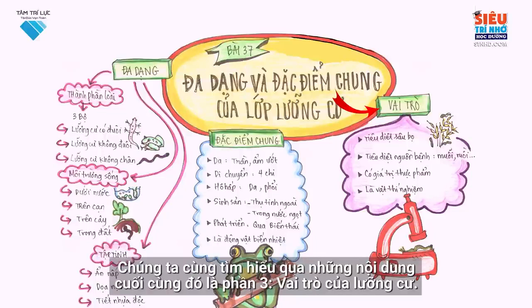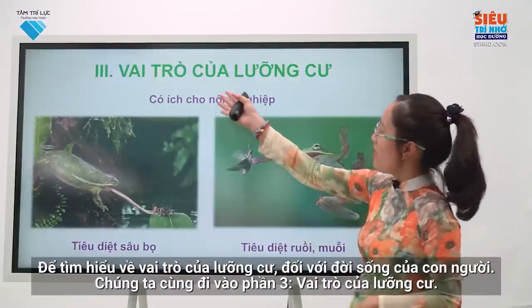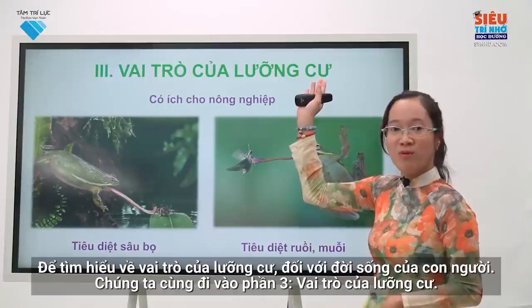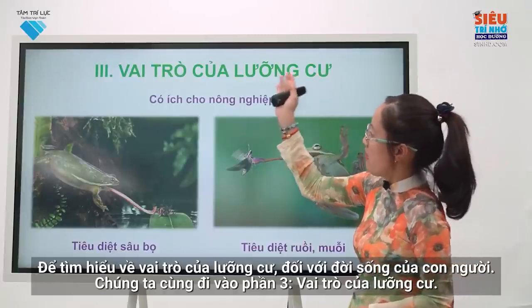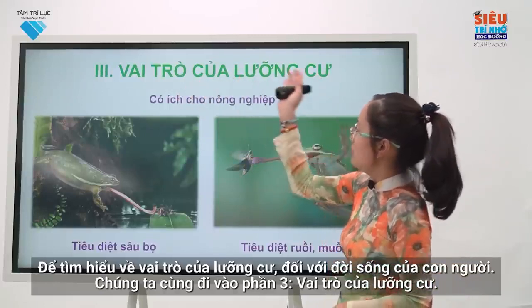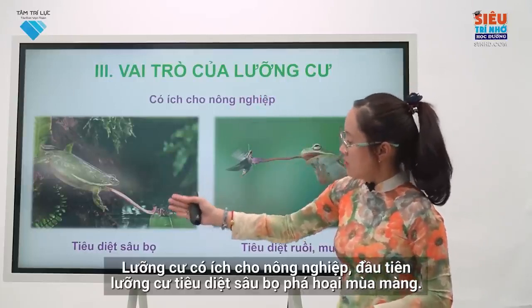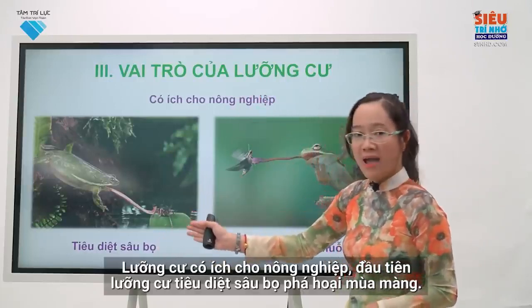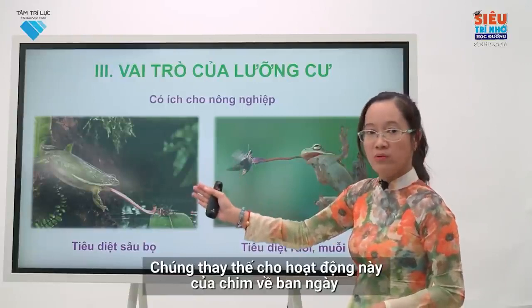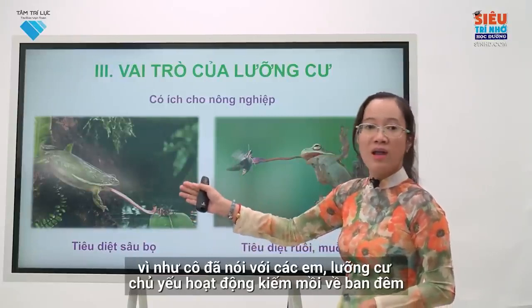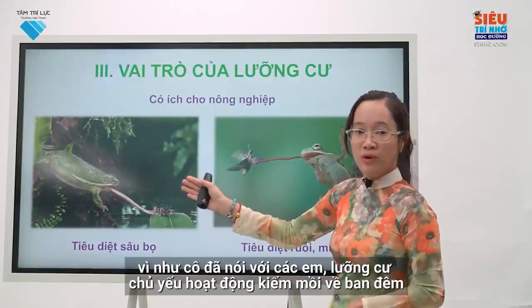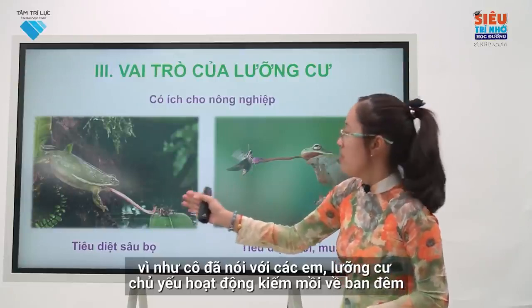Let's find out through the final part, part 3, the role of amphibians. Amphibians are useful for agriculture. First of all, amphibians kill insects that destroy crops. They replace this activity of birds during the day because, as I told you, amphibians mainly forage at night.